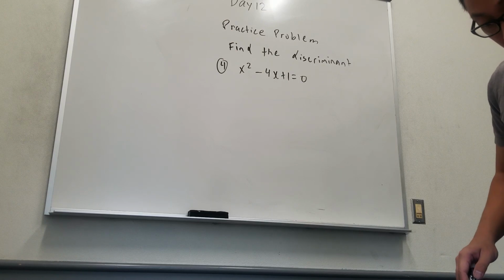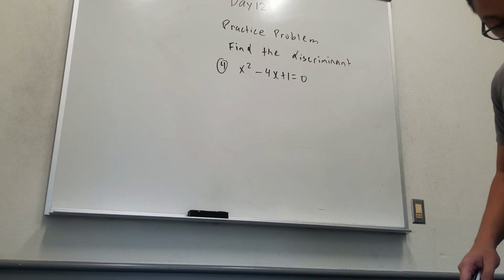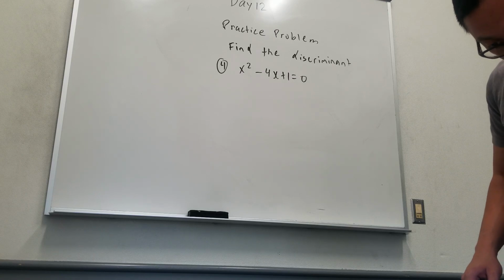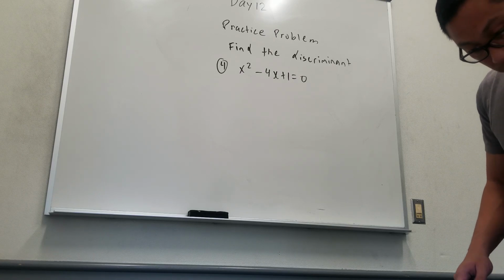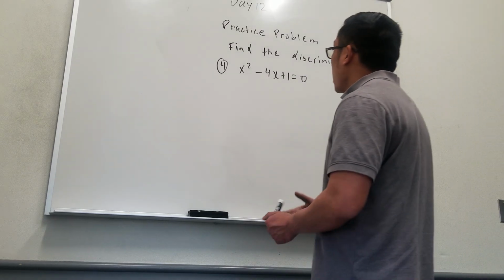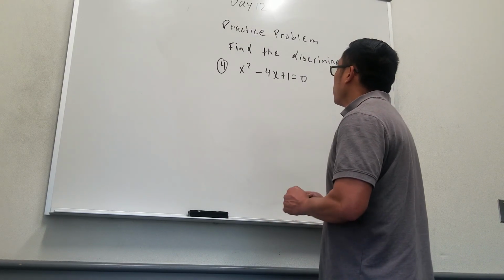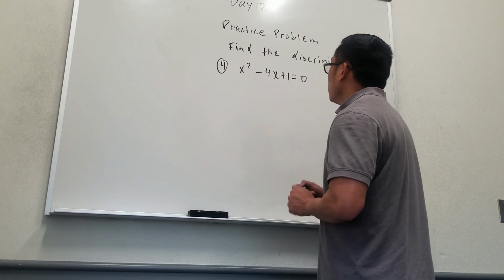But find the discriminant. Okay, yeah, that's correct. I thought you don't need to set it equal to 0, but that wouldn't make sense. So we do have to set it equal to 0.